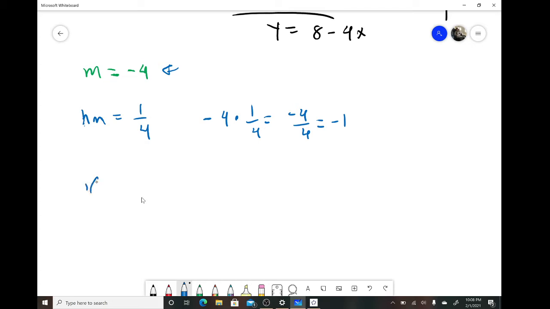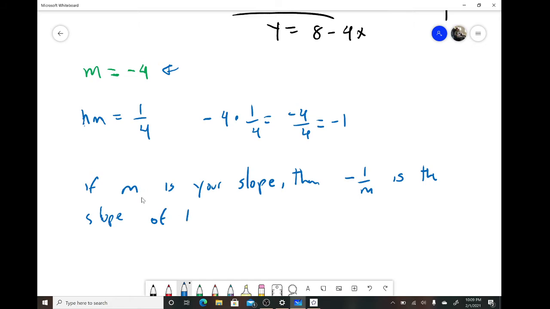If m is your slope, then -1/m is the slope of the line perpendicular to the line with slope m.